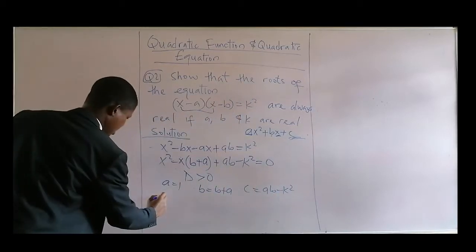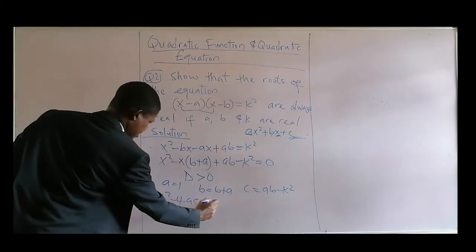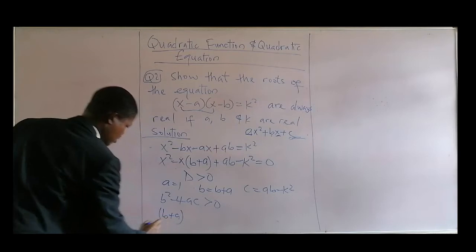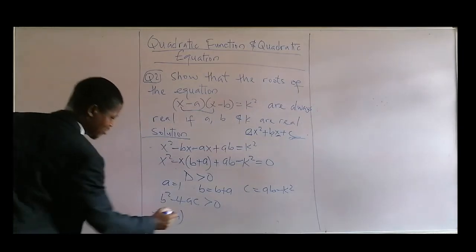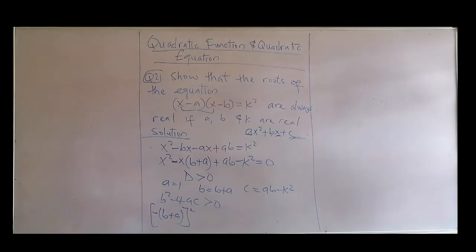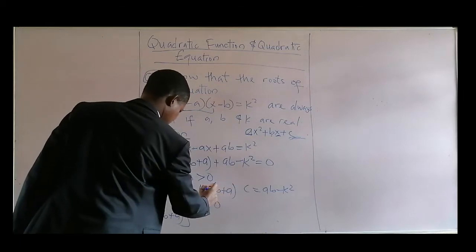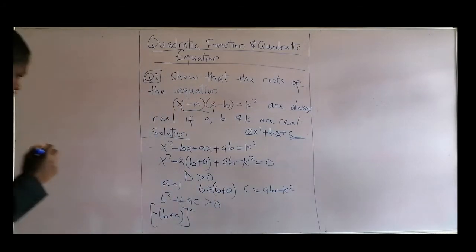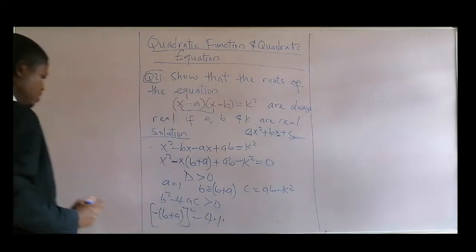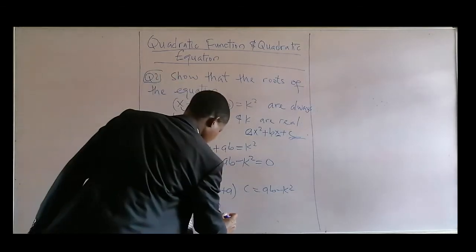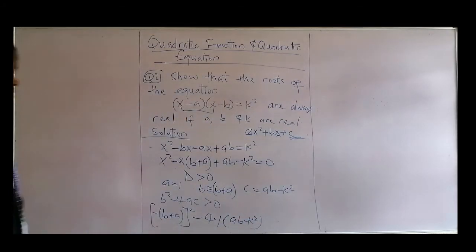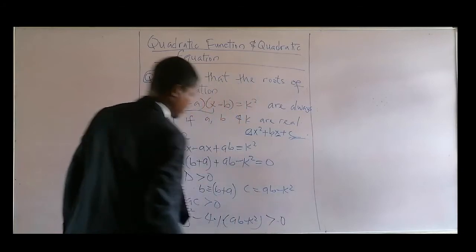So let's quickly do that. b squared minus 4ac is greater than 0. So that will be equal to (b plus a) squared. Putting the minus here is of no use because it's going to cancel out. Then minus 4 times a, where a is 1, times c, that's ab minus k squared, greater than 0.